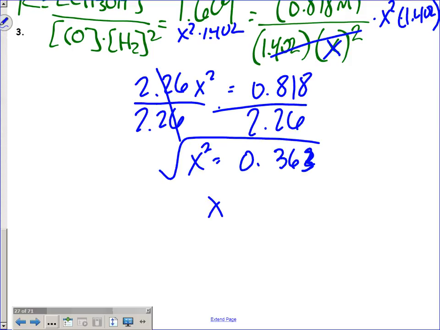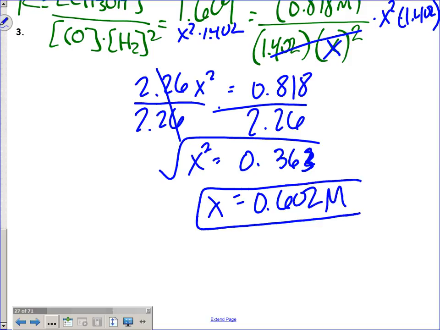Square root. All right, so we're good with that. What's that final answer? 0.602 molar. So that should be your final. But that's just making sure you can get from your X in the denominator back to the top and rearrange. So this is not a math heavy area, but it does take some thought to actually rearrange your formulas.